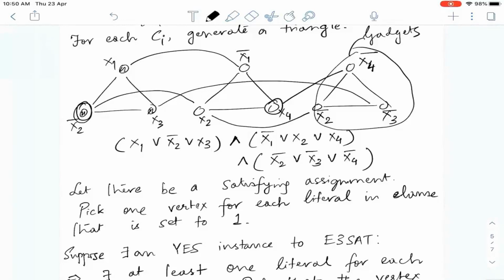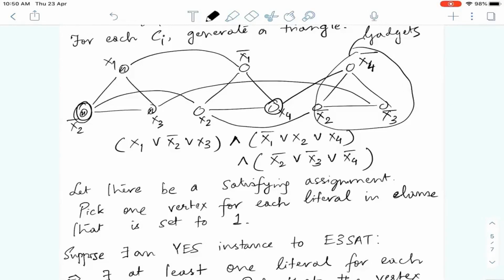Why can't it be more than k? Okay, so we are now taking the wrong route. Remember, we are not given anything about clauses so far.